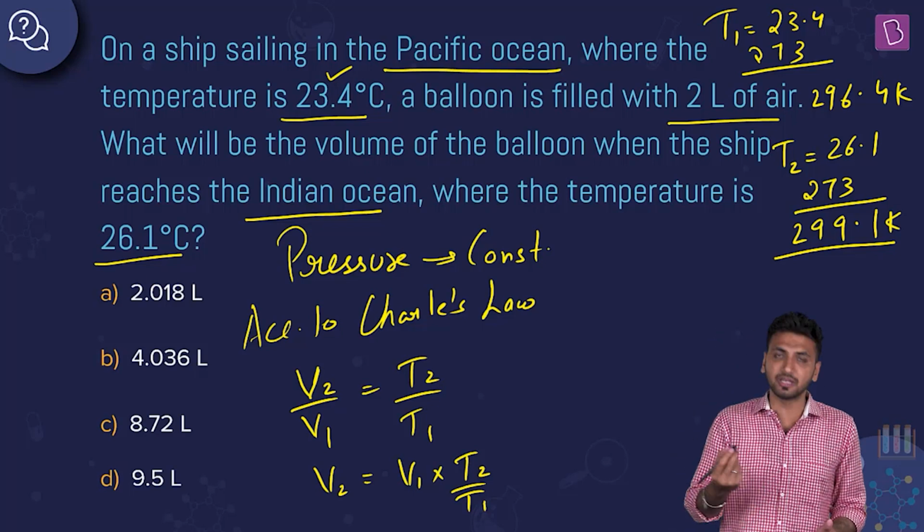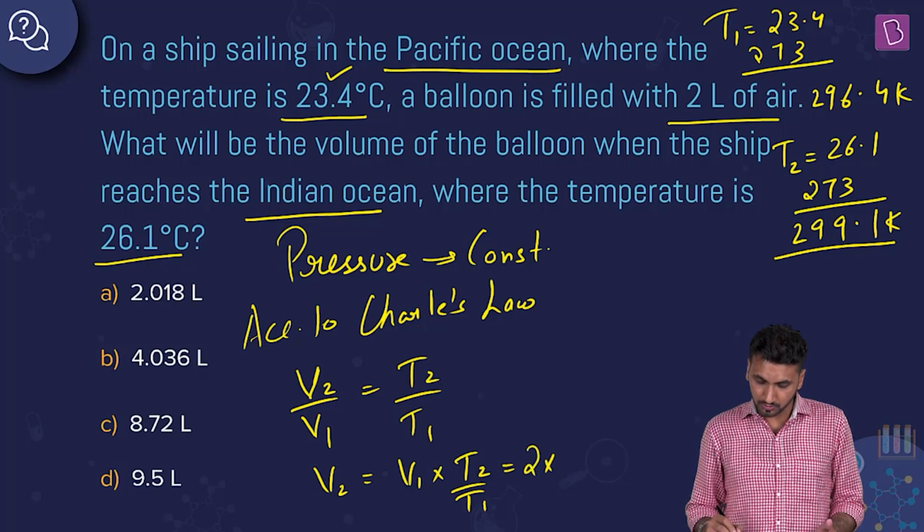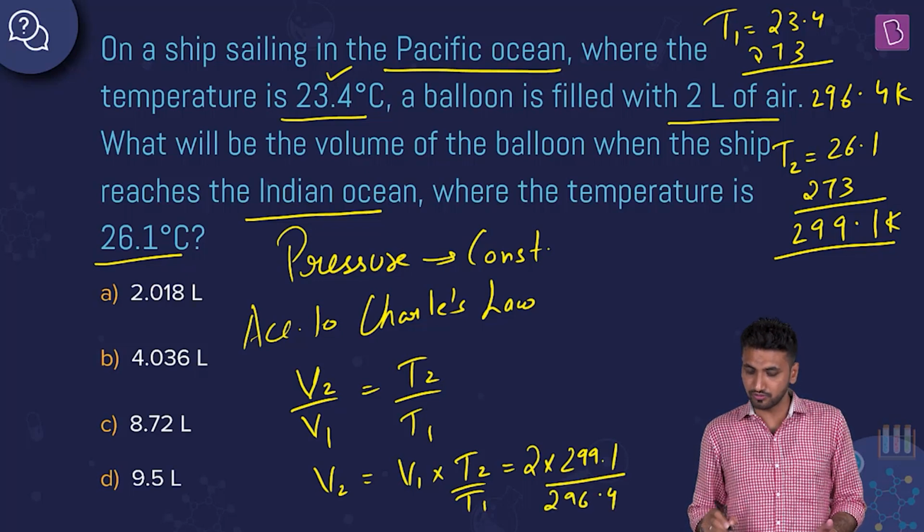So my answer is going to be in liters, so no need to change that. It will be 2 into 299.1 upon 296.4. Pretty close.